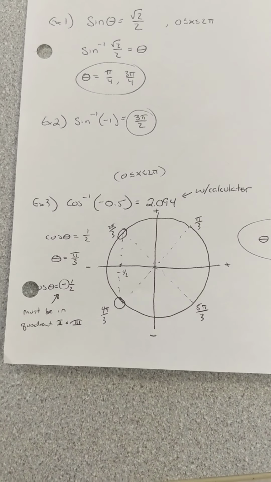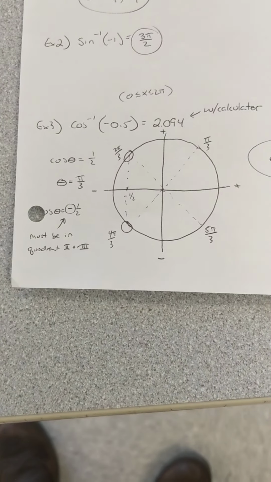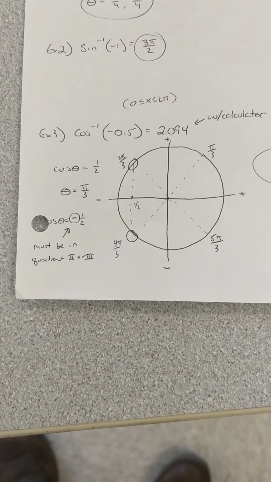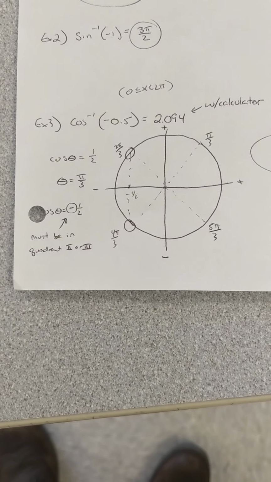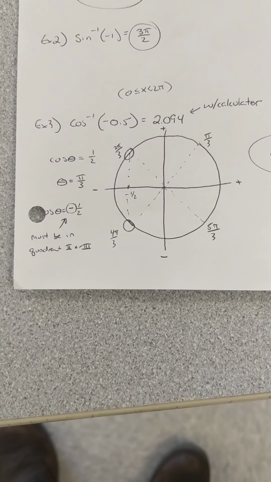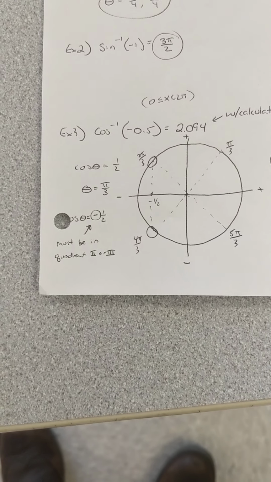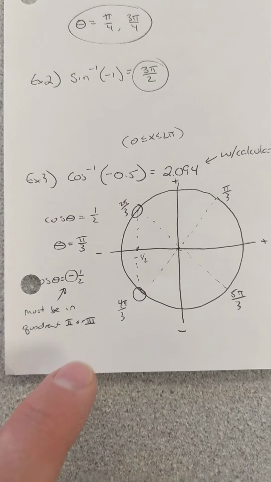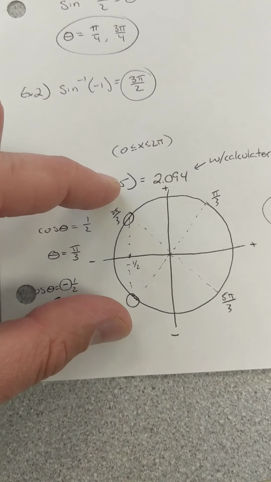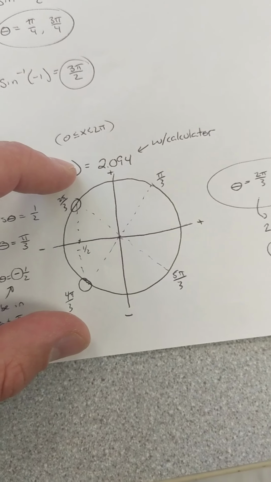So then we continued and talked about what if we had the arc cosine of negative 1/2 from 0 to 2 pi. Well, if I plug it in my calculator, I get 2.094, which is great. However, when I look at the unit circle, I can see that at negative 1/2, I'm actually going to have two values up here and down here.